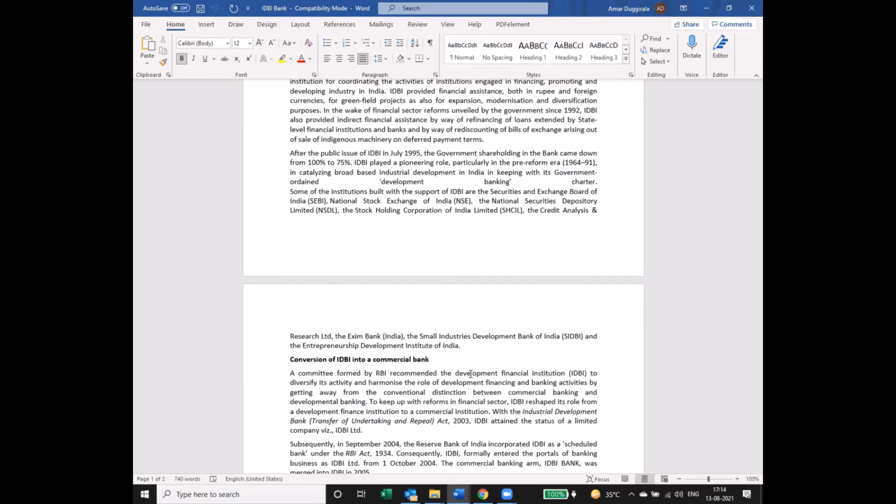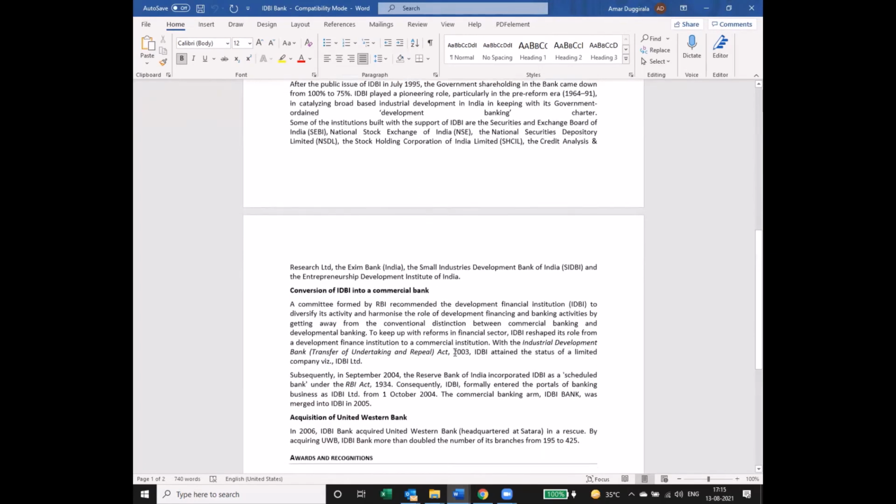So obviously you should have your own entrepreneurs who can have better ideas, who can mobilize funds, like for example, Flipkart, Ola. Though the money must have come from funding agencies outside India, the idea was developed by the Indian entrepreneur. Oyo Rooms, for example, all these organizations were set up by Indian entrepreneurs. So you should have entrepreneurs in India. So that was the reason why Industrial Development Bank was a successful bank.